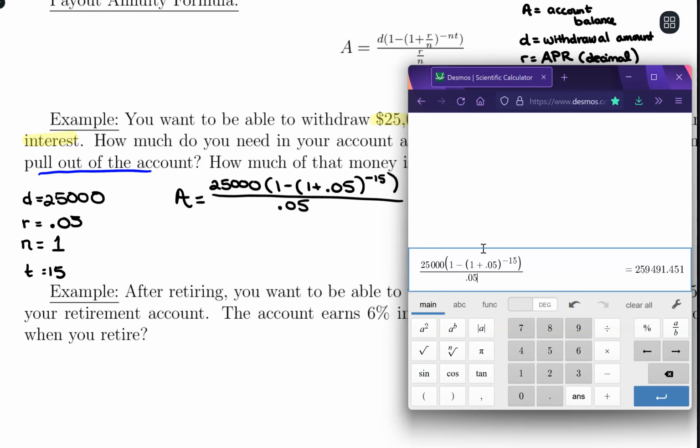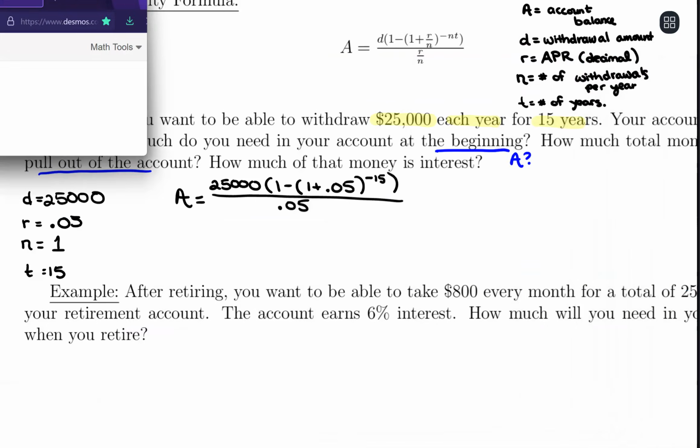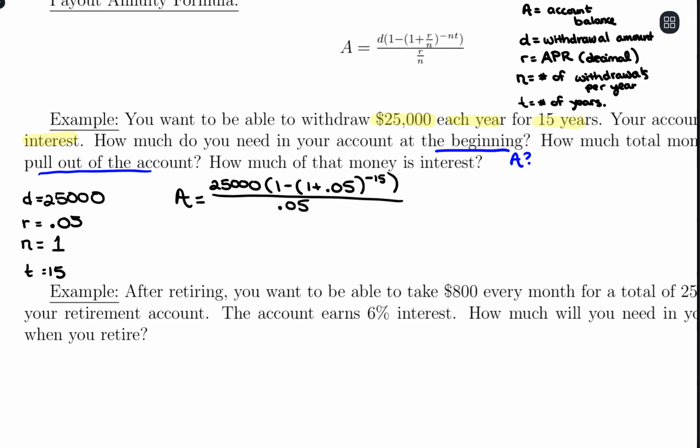So let's see, $259,491.45. Copy that down. So A equals $259,491.45.